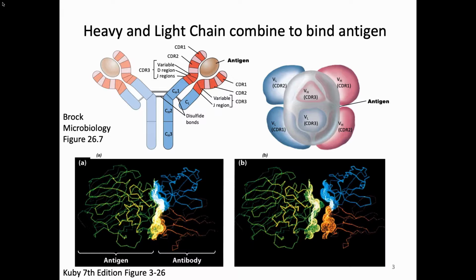So the ones that bind to one particular epitope of HIV will have to be unique. The ones that bind to a different epitope on Ebola will have to be unique. And so oftentimes we refer to these portions of the antibody as the variable regions, because they vary quite a bit from antibody to antibody.